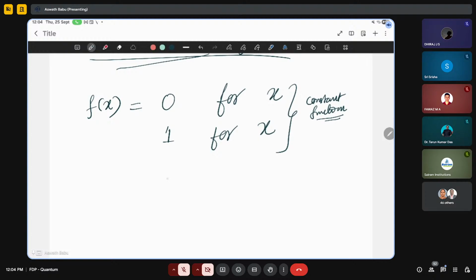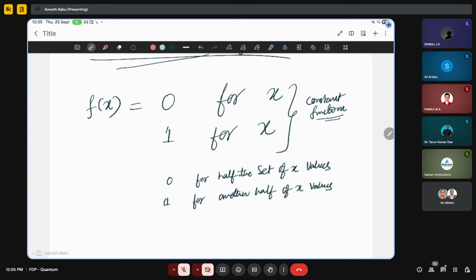And sometimes it gives you 0 for half the set of x values and 1 for the other half.